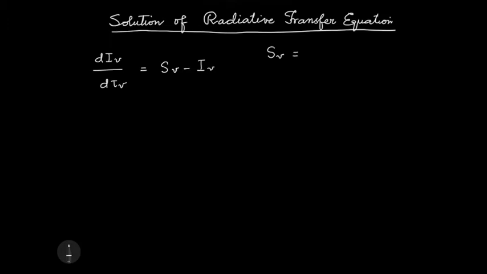So here, let me remind you of several things. S nu is given by the ratio of J nu and alpha nu. This we gave a name, we call it source function.